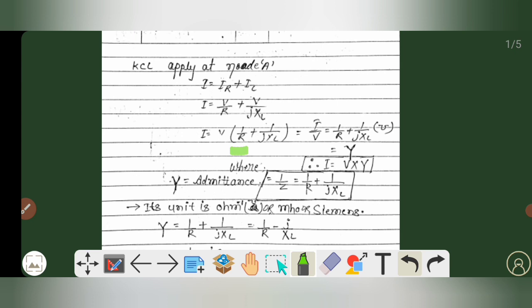Then, as we move V to the left hand side, this becomes I by V is equal to 1 by R plus 1 by JXL.